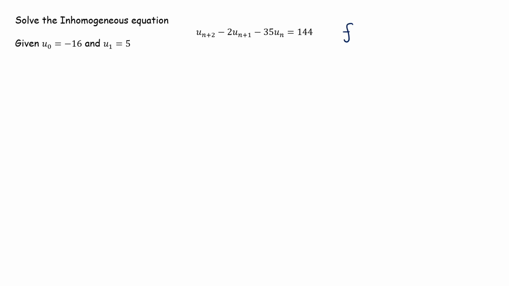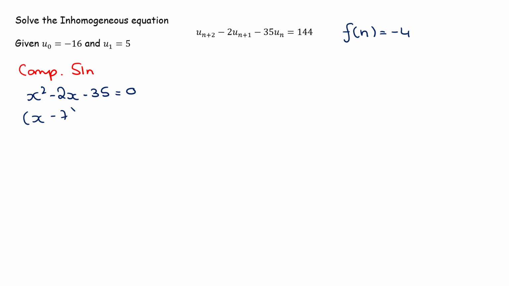So let's put that up here. So we have f of n equals minus 4. And now let's work with the complementary solution. So for the complementary solution, we're going to do x squared minus 2x minus 35 equals 0. That's (x minus 7)(x plus 5) equals 0, gives us x equals 7, and x equals minus 5.